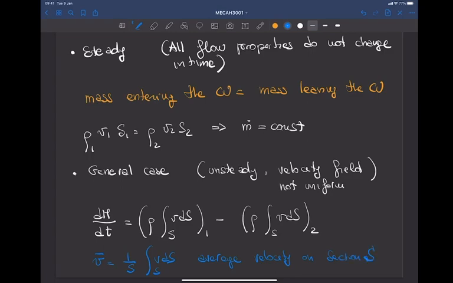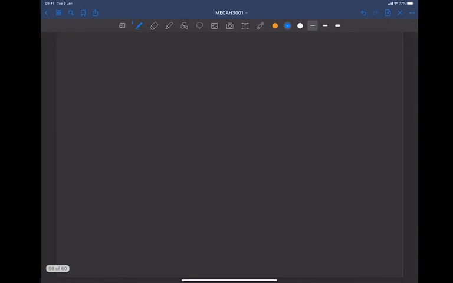Okay. Now with this definition, we get a final formulation of this conservation principle, the conservation of mass, which is dM over dt equals rho V S at 1 minus rho V S at 2.